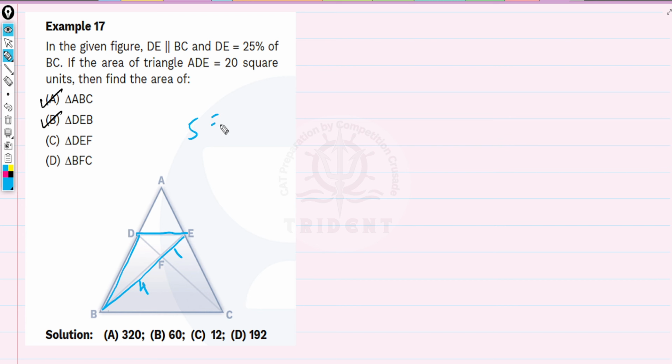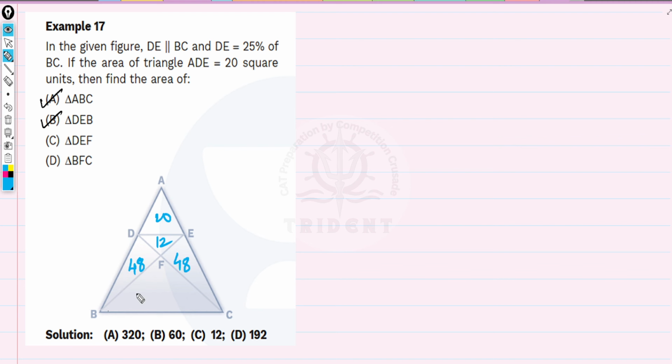So if 5 parts correspond to 60, 1 part shall correspond to 12, so this is 12 now. Okay, so you have to have this much idea. So if I know that this is 12, this is 20, obviously now I can find out these 2 areas, which is how much? 80 minus 60 minus 12. 60 minus 12 is how much? 48. And this part will also be 48.